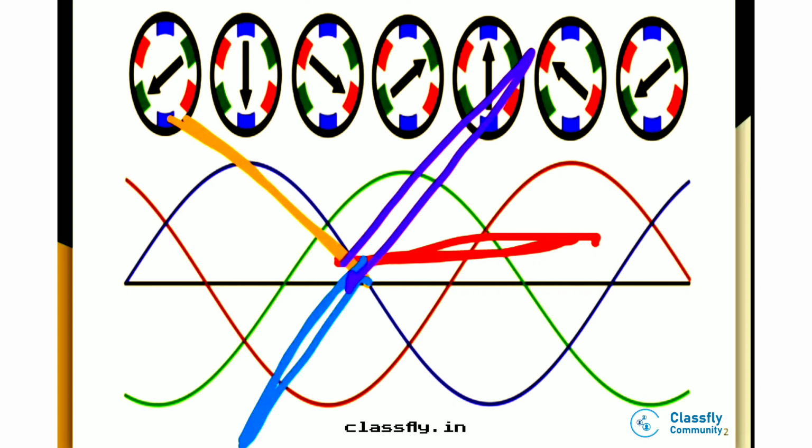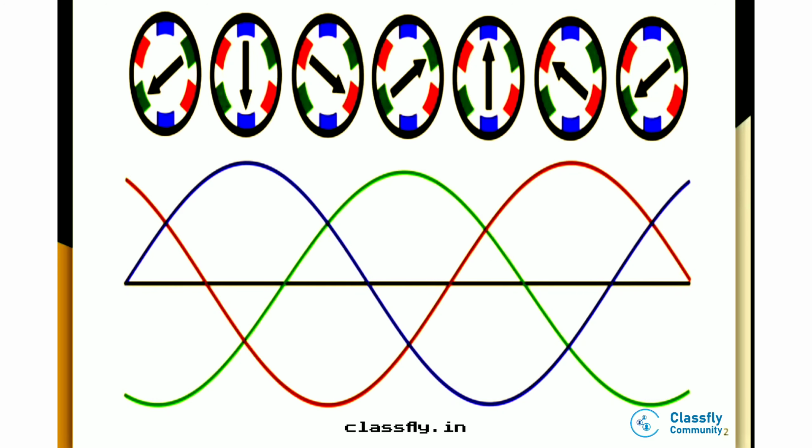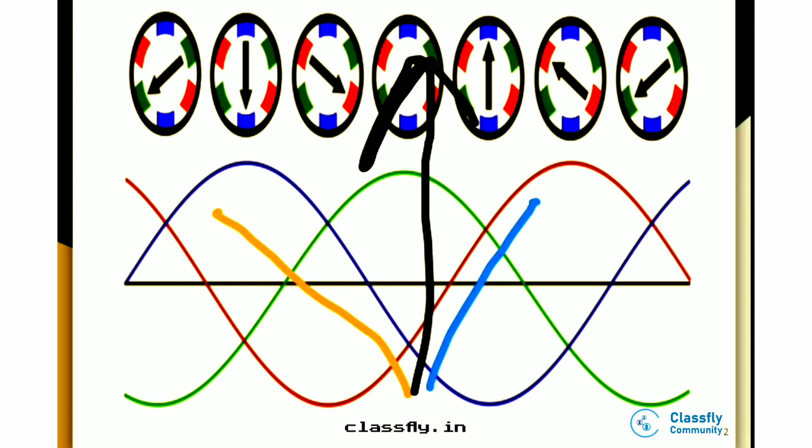This side will be your minus blue, which is your minus root 3 by 2. Okay, and this is your plus root 3 by 2. So the resultant will be like this. If this one is your minus, this one is your plus, so this black portion will be your resultant.